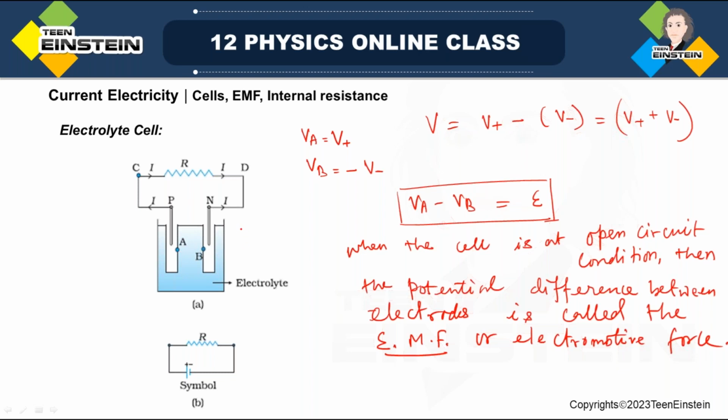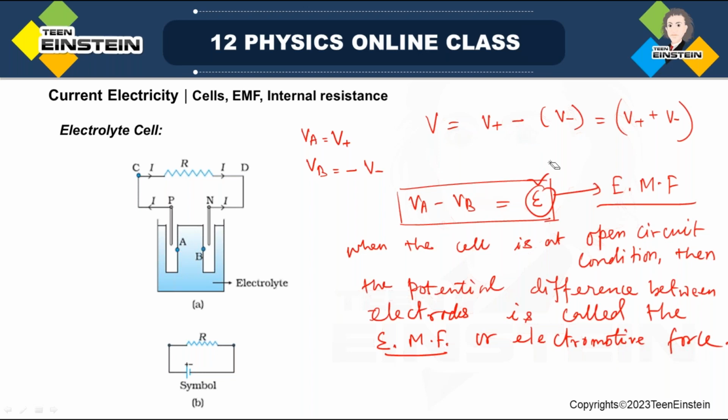All right, so far we are all right. With this, we have learned what EMF is. EMF is denoted generally by E. Sometimes people may write this also. These are basically the same.